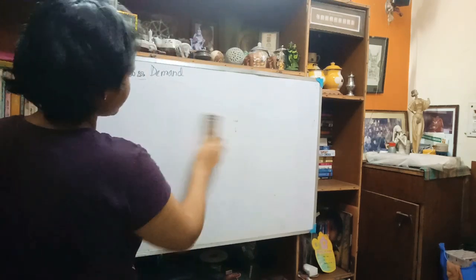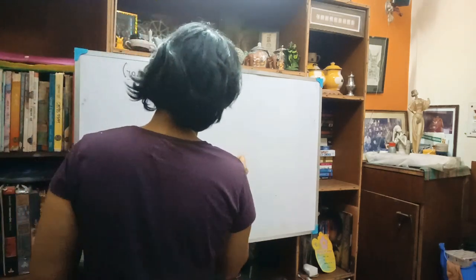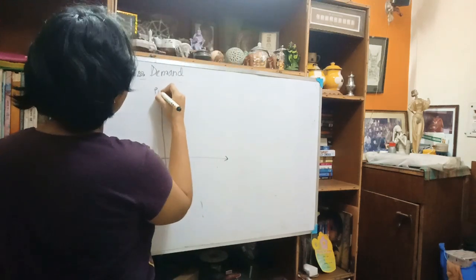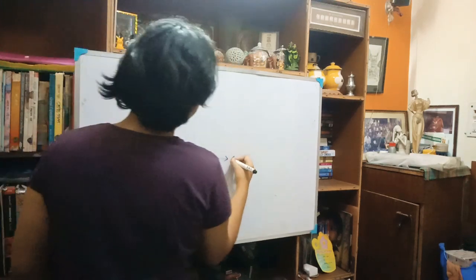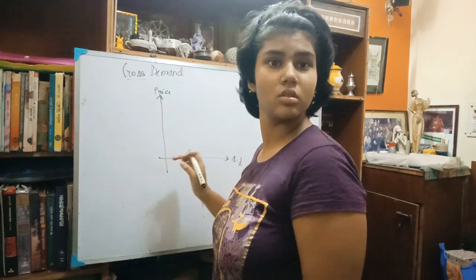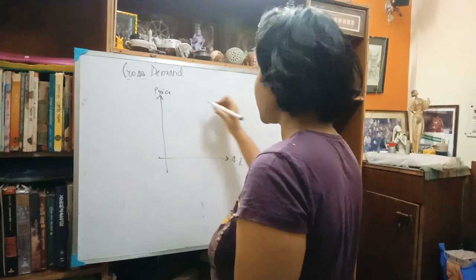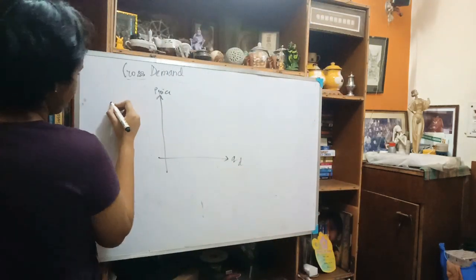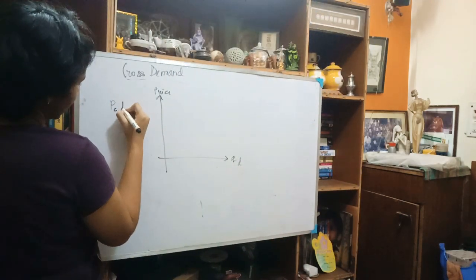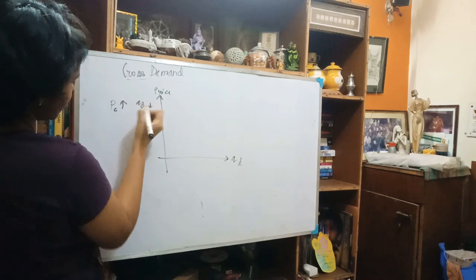So, let us draw the graph for substitute goods. When the price of Coke increases, we'll write Coke here, price of Coke increases, quantity demanded for Coke decreases.